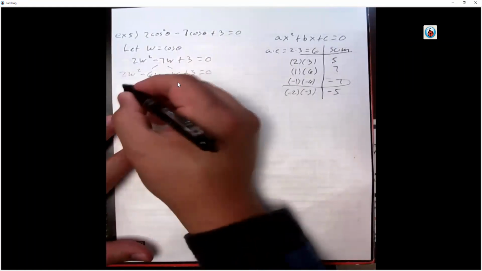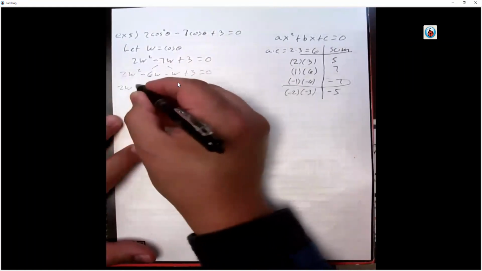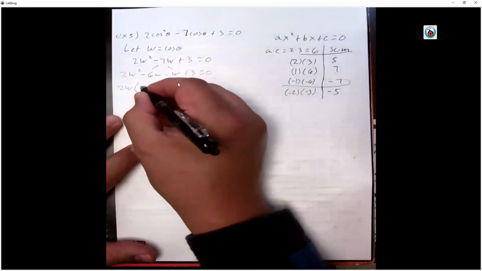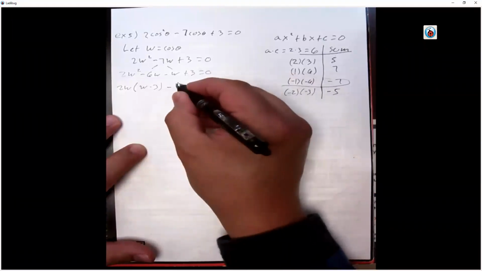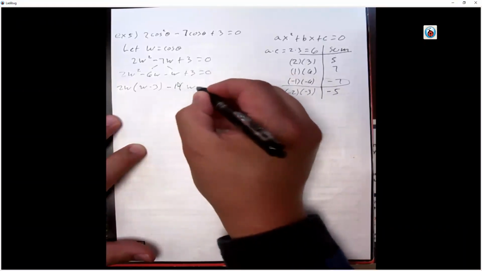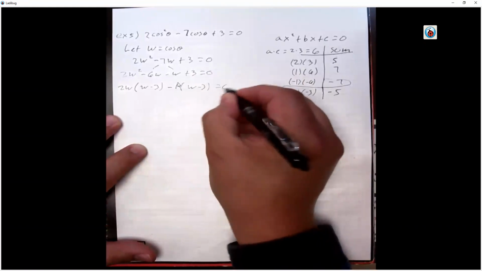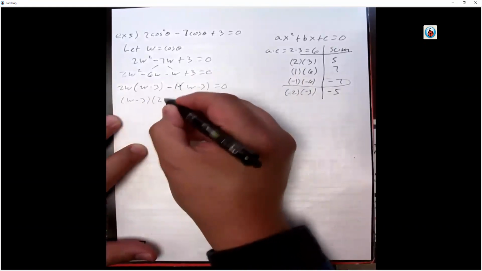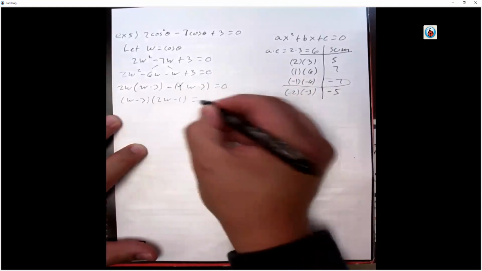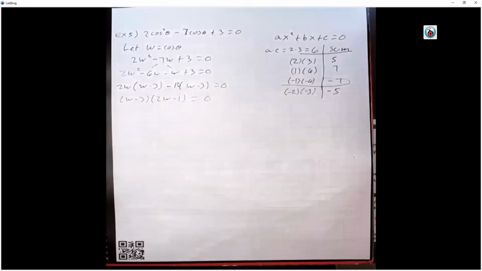Do your factor by grouping. First two terms have a 2w in common, giving you this. These have nothing in common, but we can factor a -1 to force it to look the same. Now pull out w minus 3. We should get what you were saying earlier.